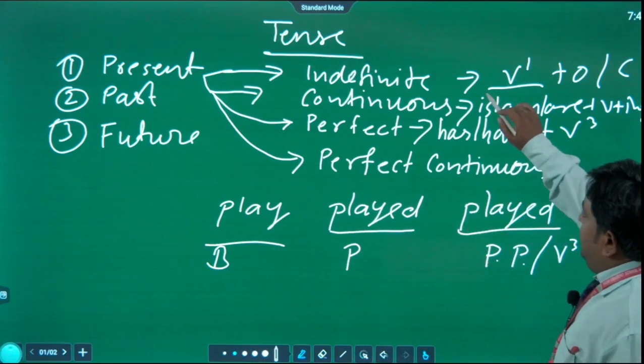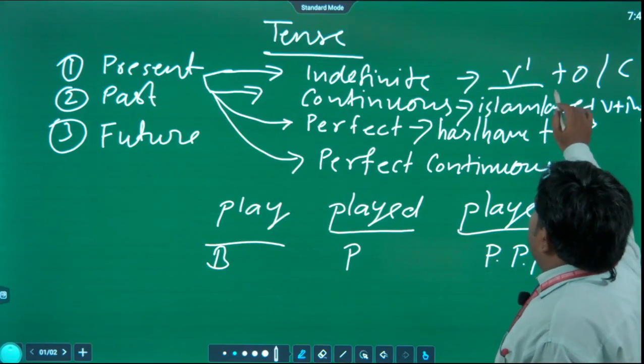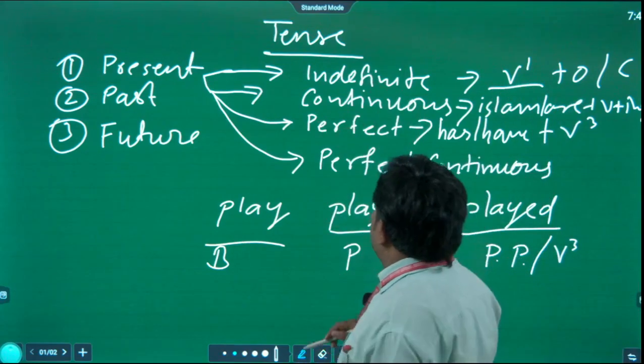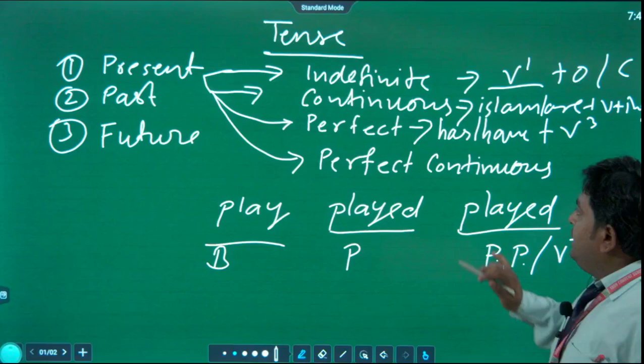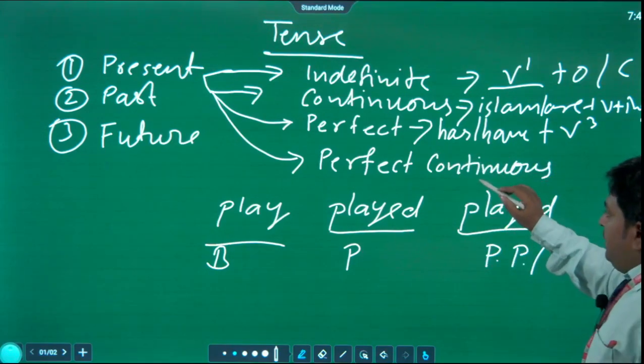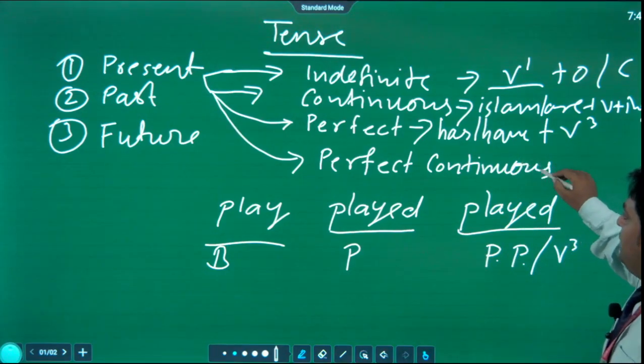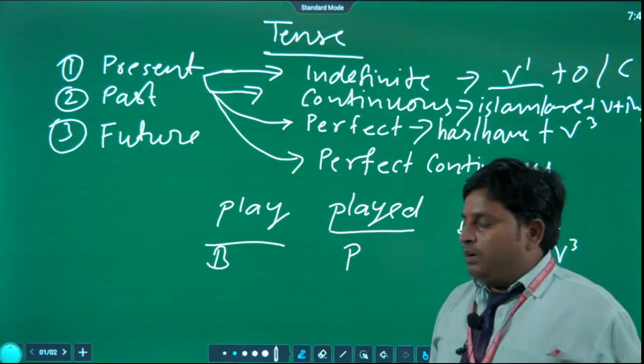Dear students, in the present indefinite tense, we use the first form of the verb with the subject, the ing form in the continuous tense, and the third form in the perfect tense, and with the helping verb has been, have been, we use the ing form in the main verb.